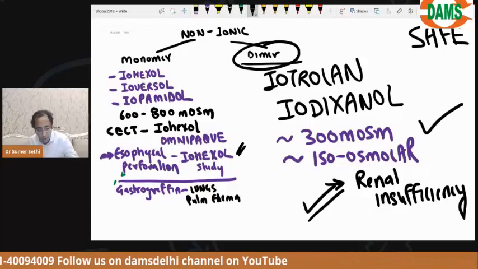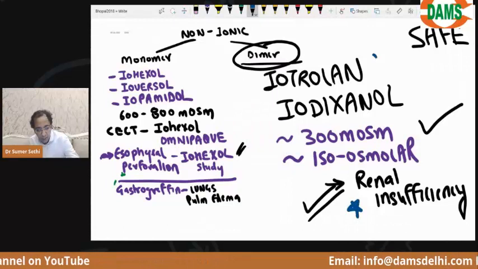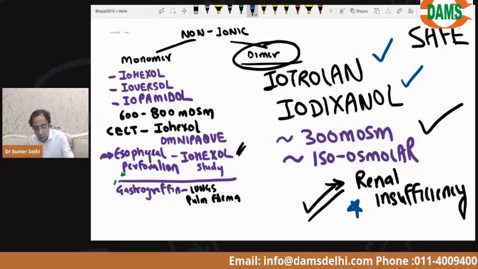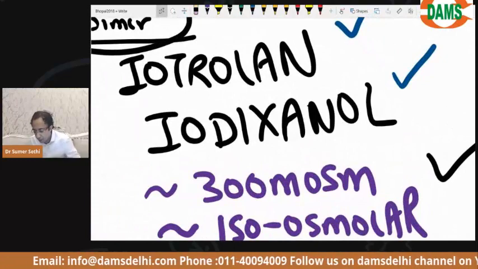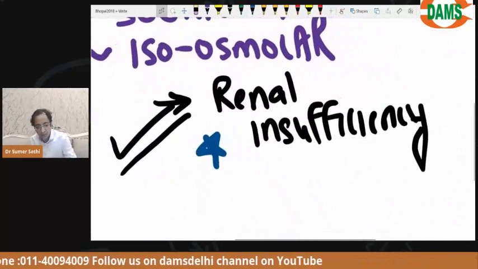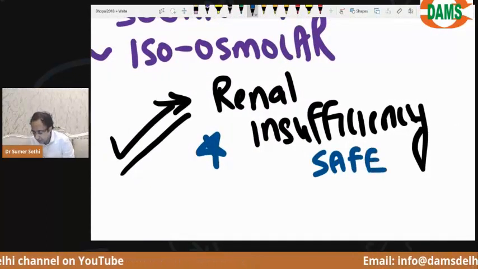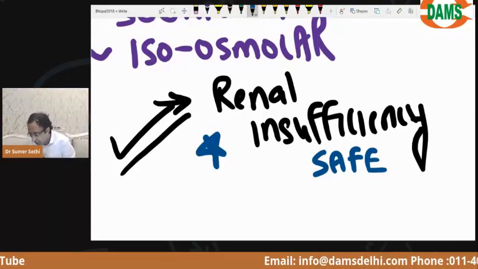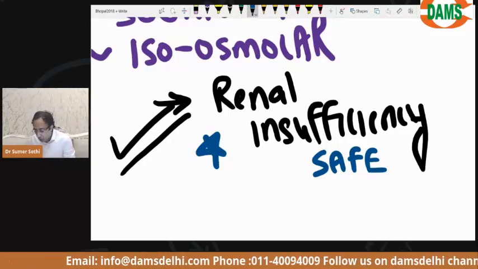So if I have to do a CT in a patient with renal insufficiency, the dye that we will use will be iotrolan or iodixanol. The advantage is that they are isoosmolar to plasma and safe even if the patient has renal insufficiency.